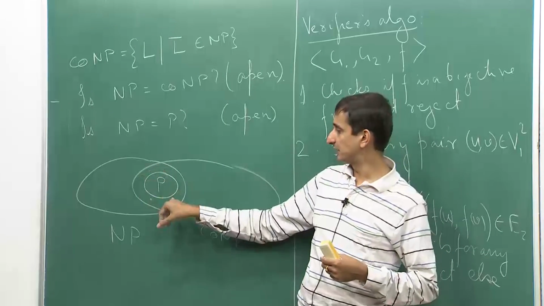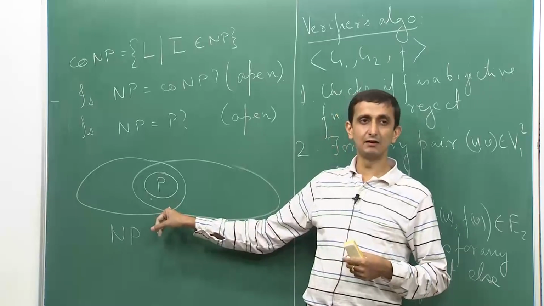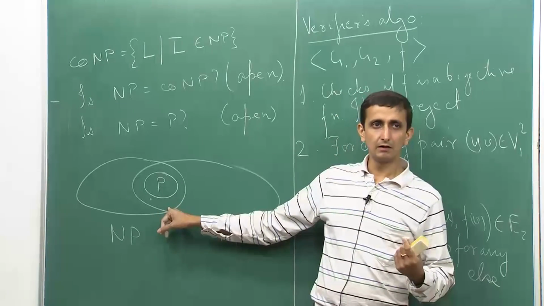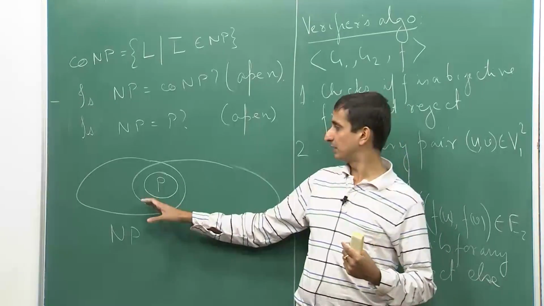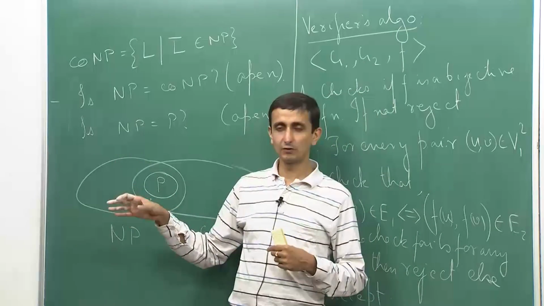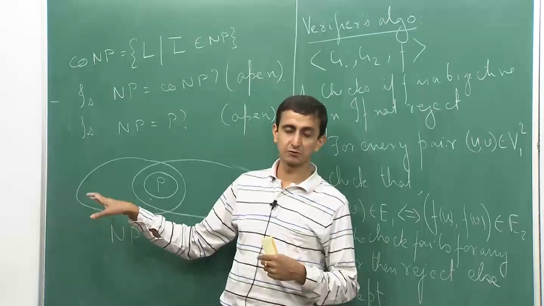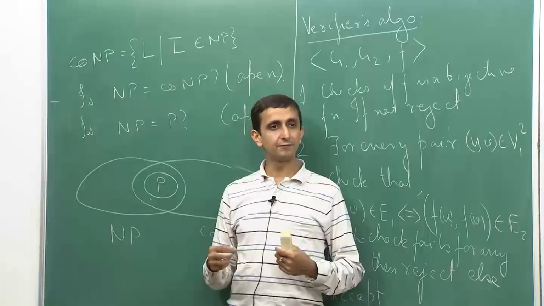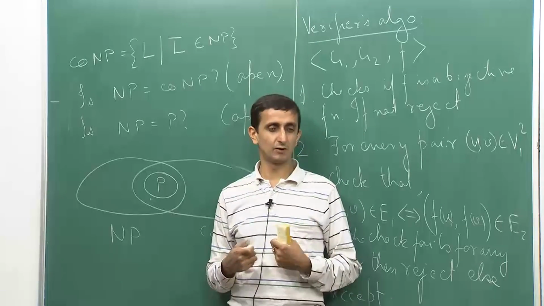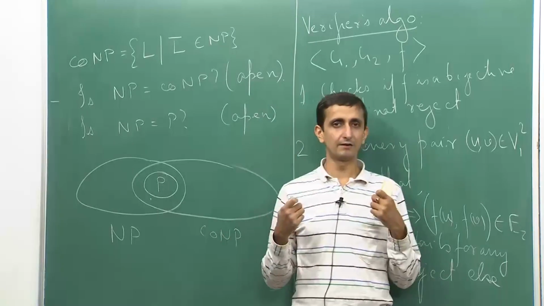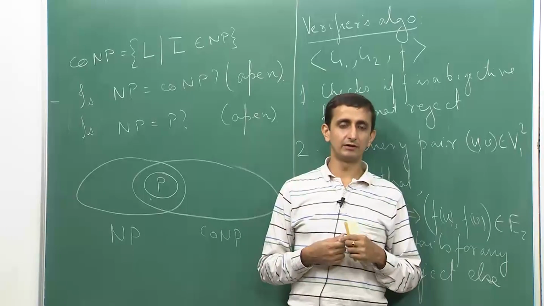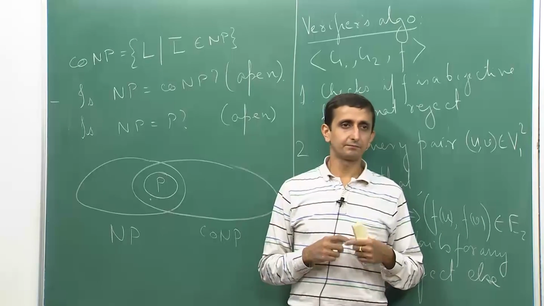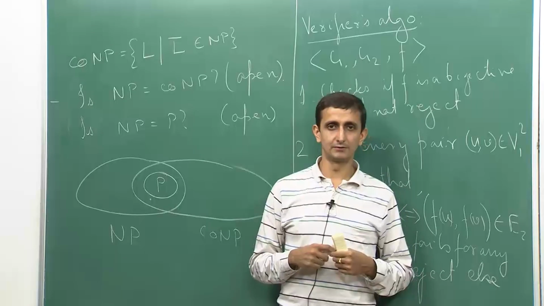There are some problems in NP that are in co-NP as well possibly. But are there problems which are even harder than them? Okay. Some problems which sit outside, and so we have to define this notion of hardness first. What does it mean to say that a problem is hard? And then we will talk about the existence of such problems. Okay.